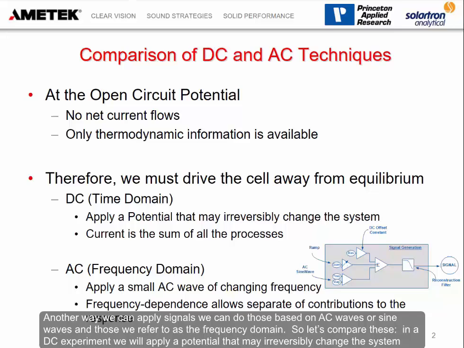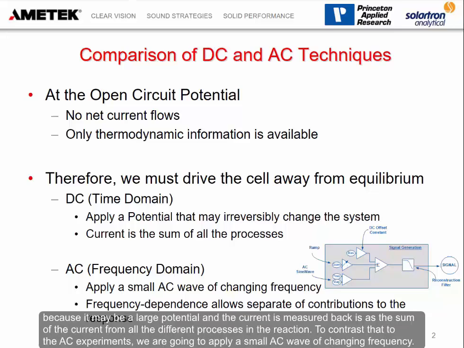So let's compare these. In a DC experiment, we're going to apply a potential that may irreversibly change the system because it may be a large potential. And the current measured back is a sum of the current from all the different processes in the reaction. So if we contrast that to the AC experiments where we're going to apply a small AC wave of changing frequency.